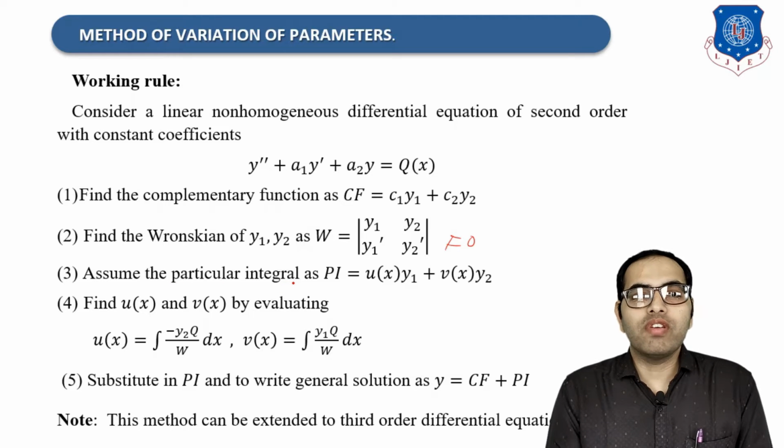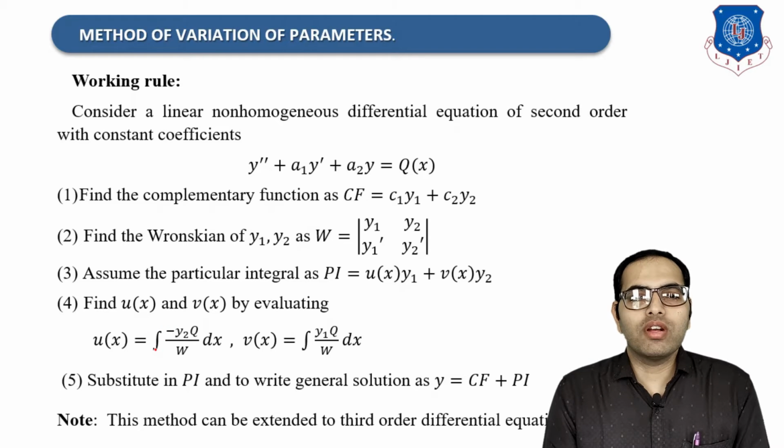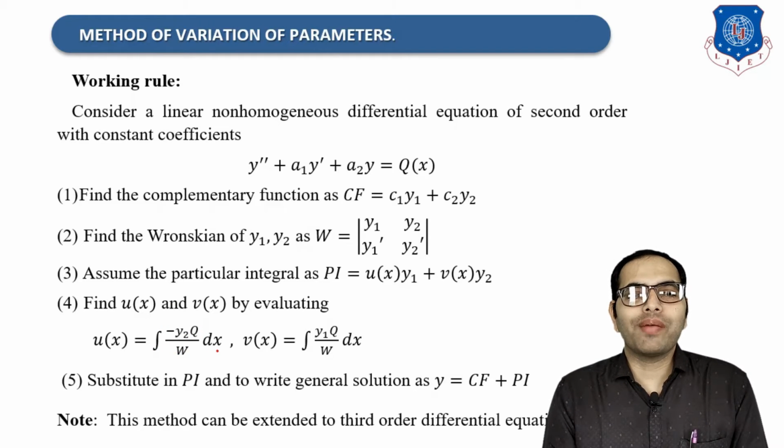Then we find the particular integral using the formula: particular integral yp = u(x) y1 + v(x) y2, where u(x) = minus integral of y2 times q divided by W dx, and v(x) = integral of y1 times q(x) divided by W dx.